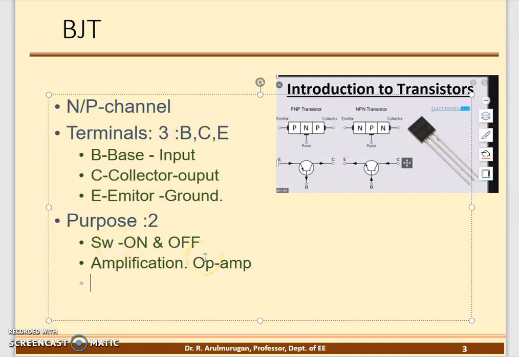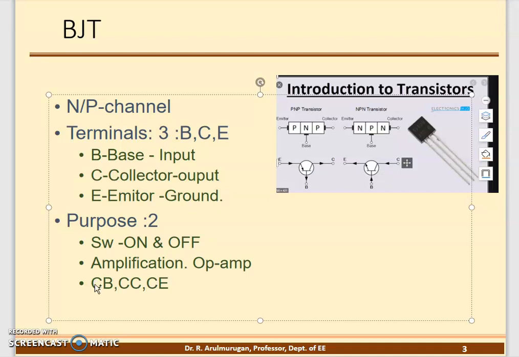There are three terminals: base, collector, and emitter. I am going to copy this base, collector, emitter, paste it here, and put a C in front of each one. So: common base, common collector, common emitter.